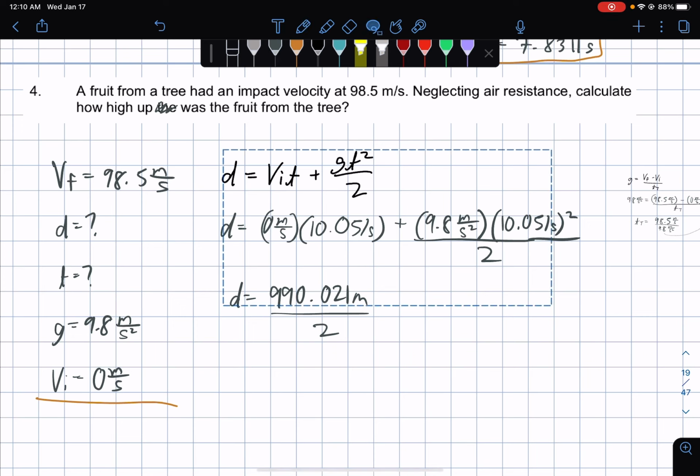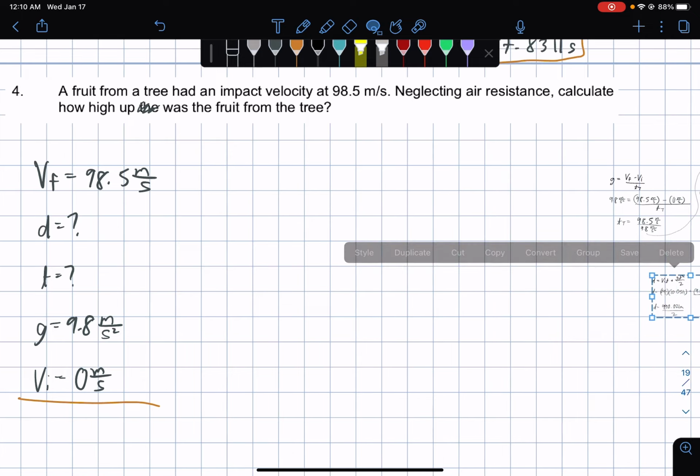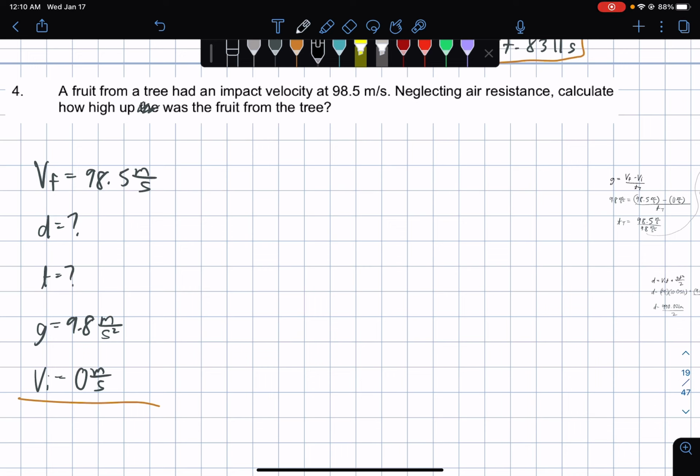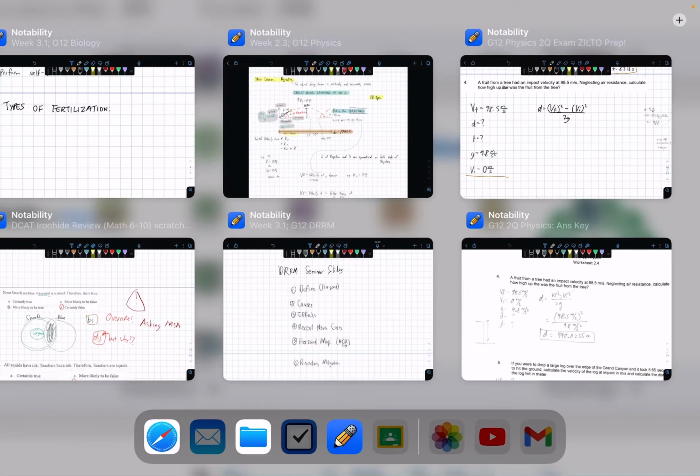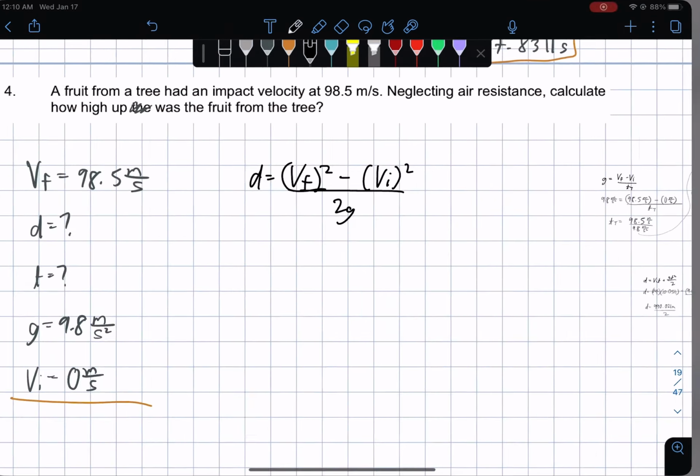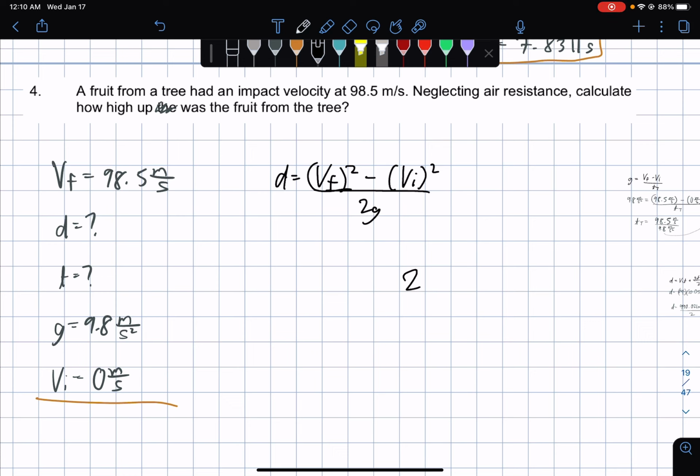Alright, let's use the other formula where we didn't have to use the time value. D is equal to Vf raised to 2 minus Vi raised to 2 over 2G. I think I remember it right. Yes, 2G, since the original formula was 2A as the denominator, A for acceleration.